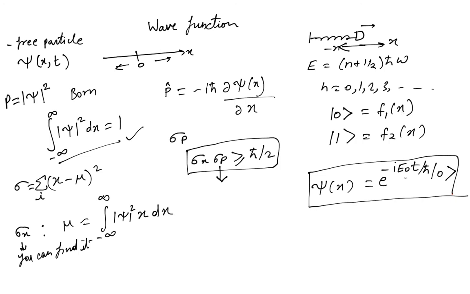So psi has a fixed energy E0. So the uncertainty in energy is 0. Actually, I should write it clearly. Uncertainty in E0 is 0.